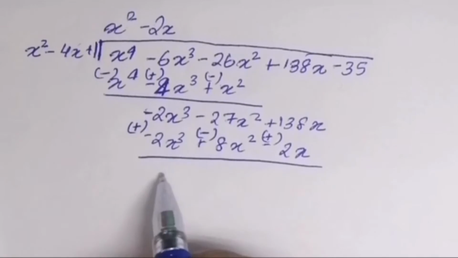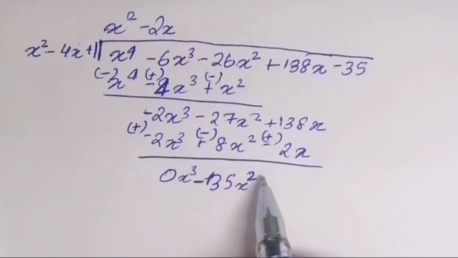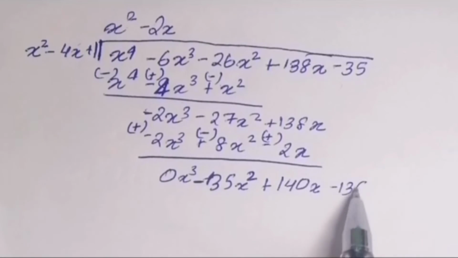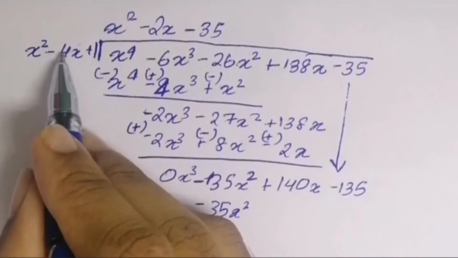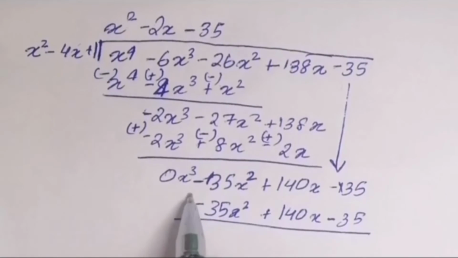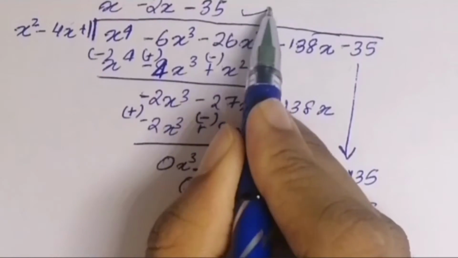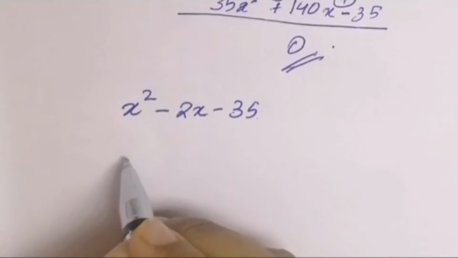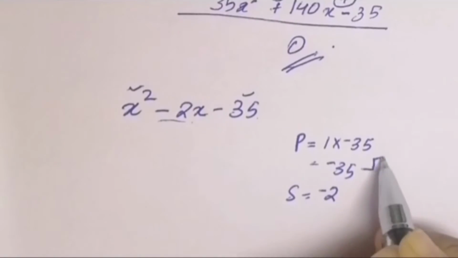We continue all these steps until we get a remainder whose degree is smaller than that of g of x. So yes, our g of x is a quadratic polynomial. We use the splitting the middle term method and find its zeros.